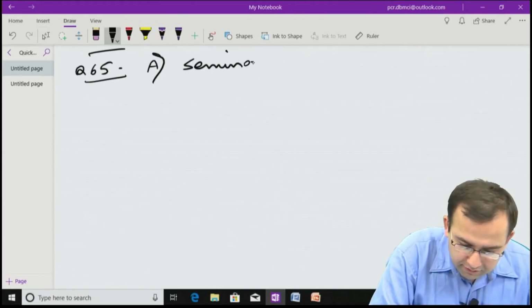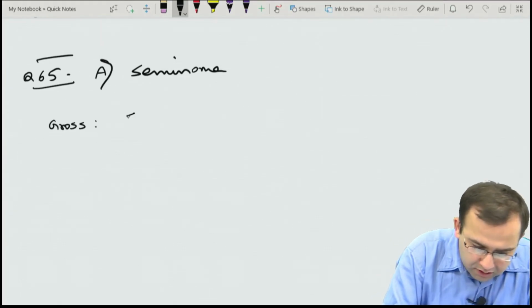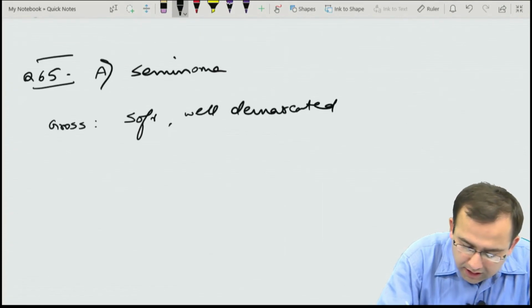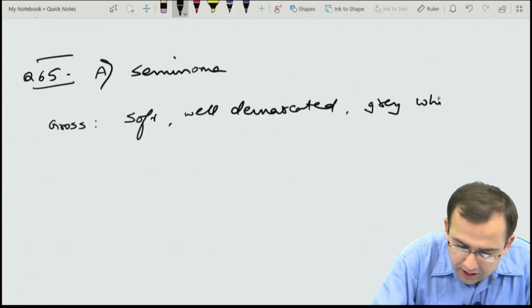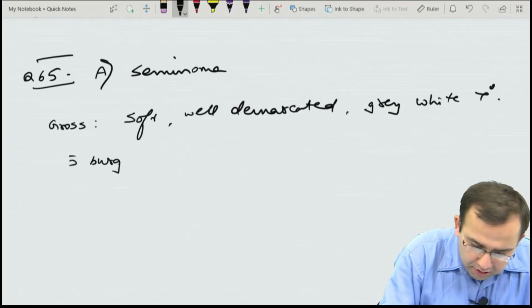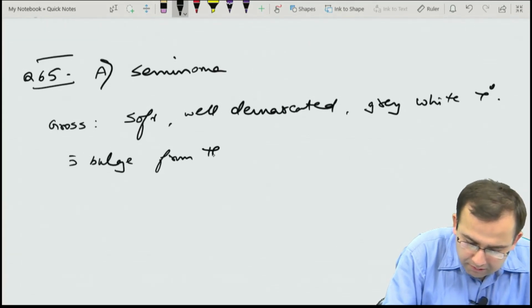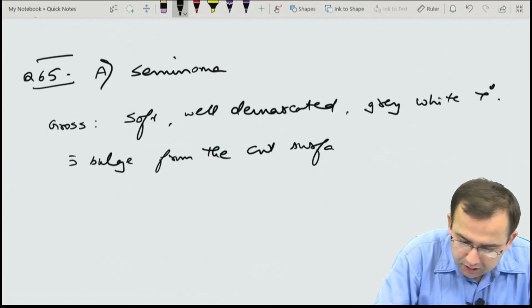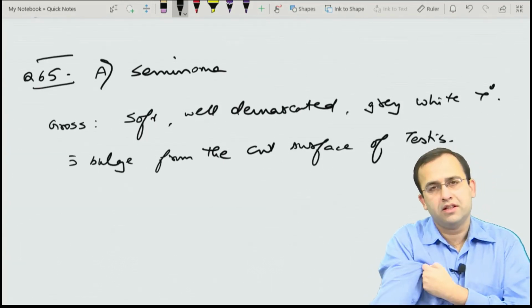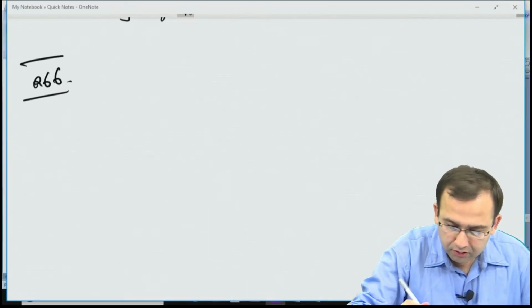The answer is A, seminoma, which grossly are soft, well demarcated, gray white tumors which bulge from the cut surface of the testis.